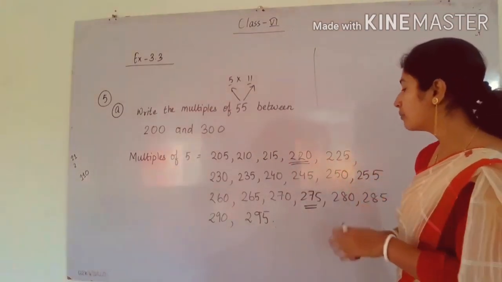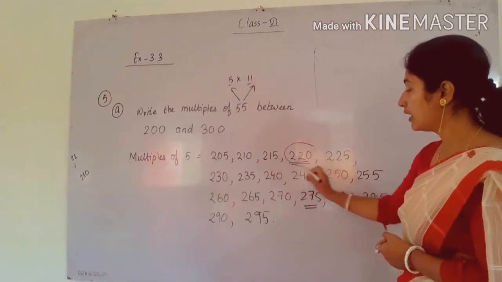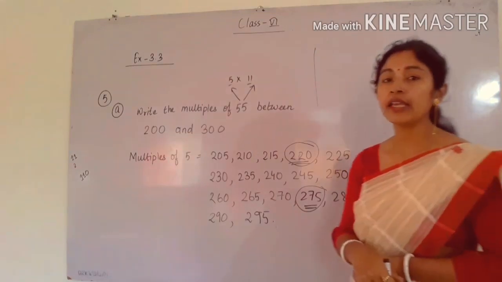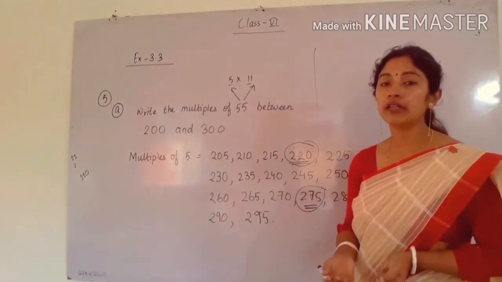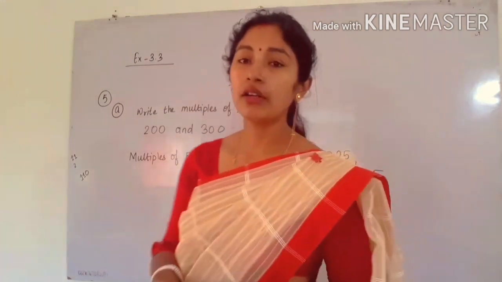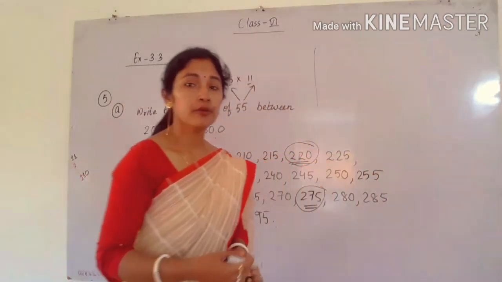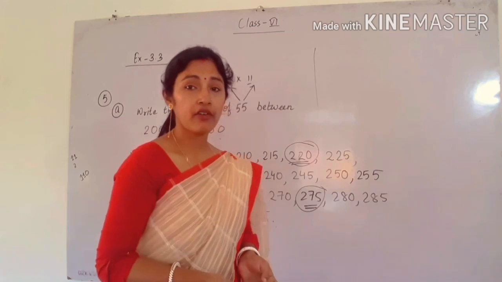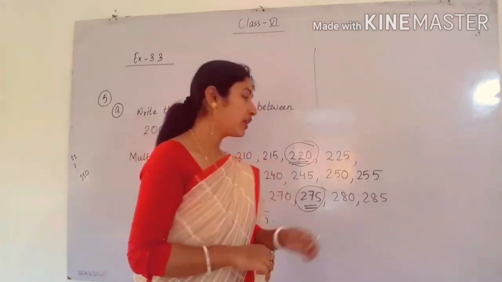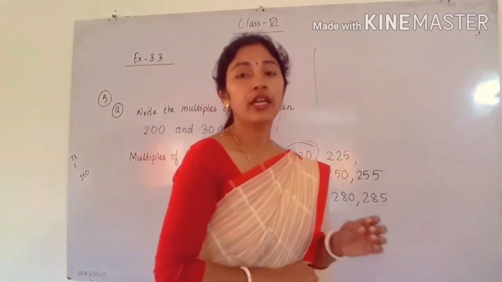And amongst these numbers, only 220 and 275 are divisible by 11. No other number is divisible by 11. So how will you check which numbers are divisible by 11, or which are multiples of 11? For this you must know the table of 11.